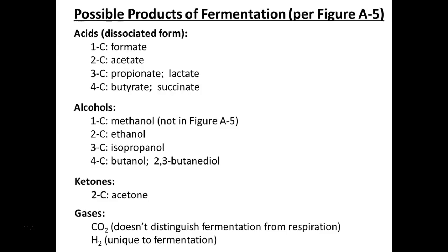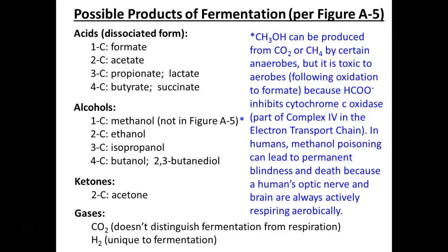Methanol, right, is not in the figure in your book, and it can be toxic to humans. It interferes with our electron transport chain, and if you drink it, it could make you go blind because your optic nerve does a lot of aerobic respiration, and if you shut that down, then you're not going to be able to see.